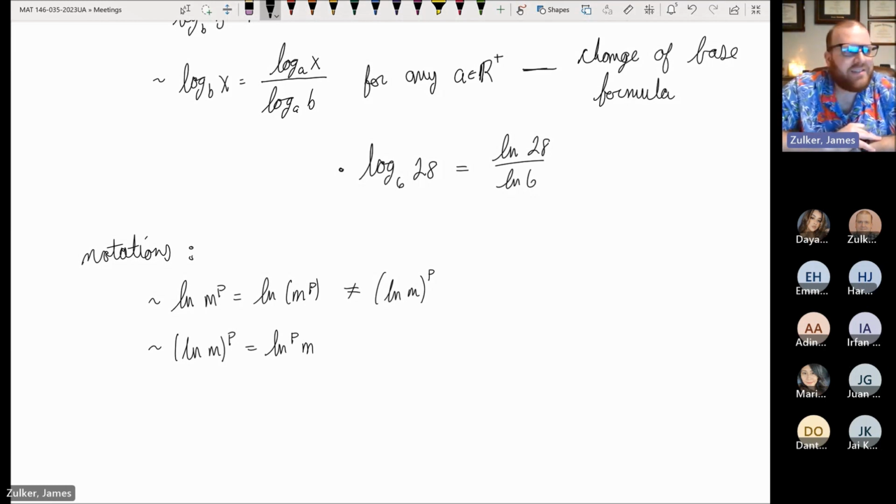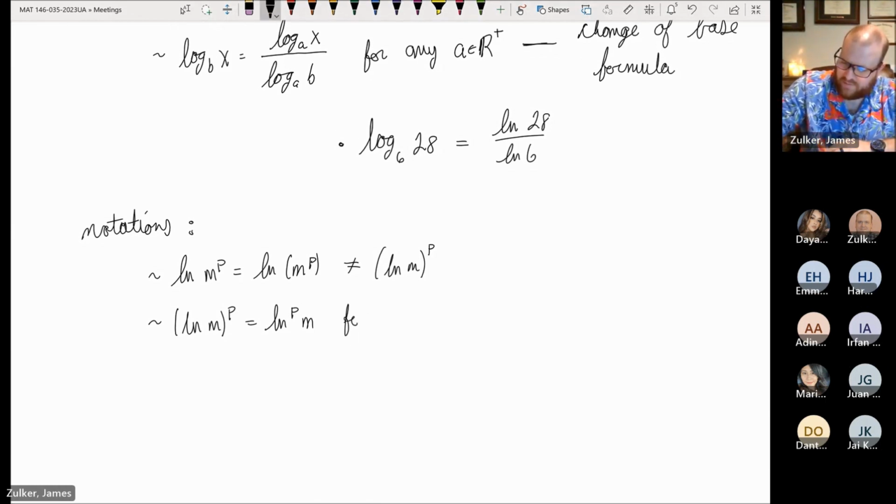We will often represent the entire function being raised to a power this way. I should say greater than or equal to, for non-negative powers. Right, and this is true even for functions. So if we take a function and raise it to a power, we will also represent it this way.